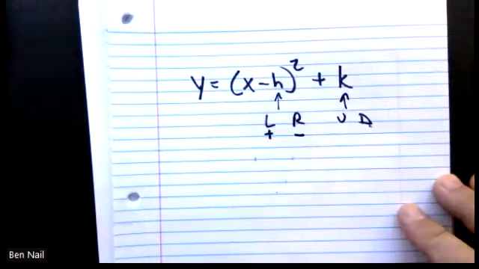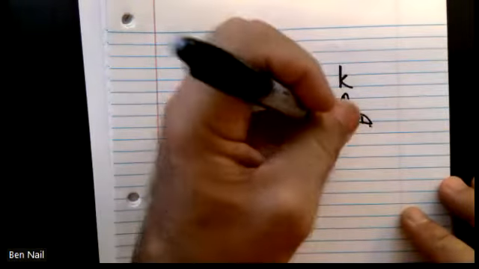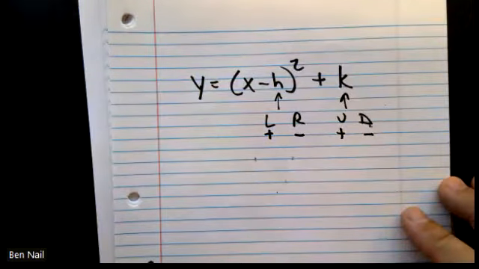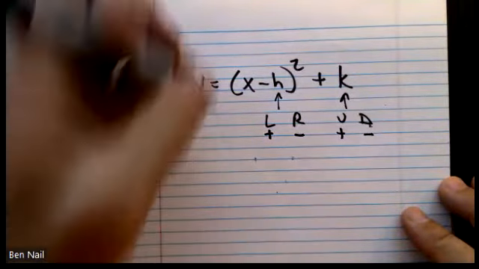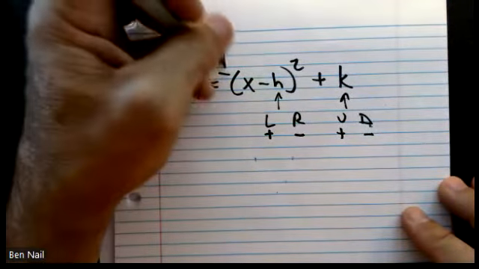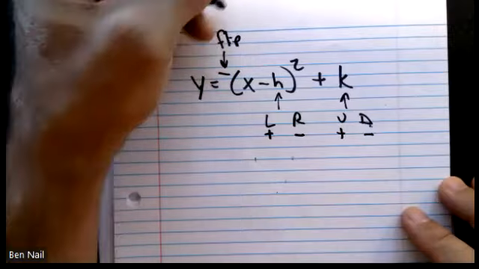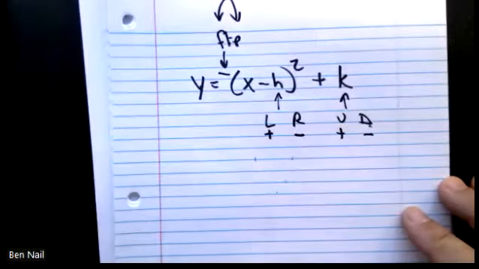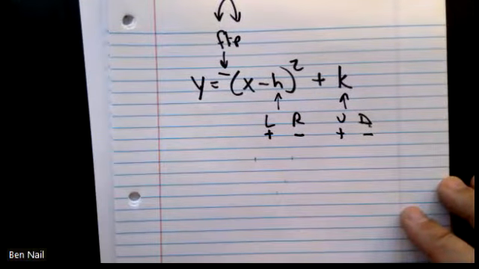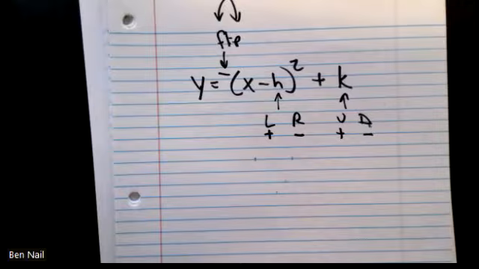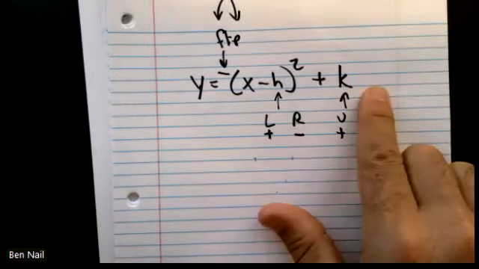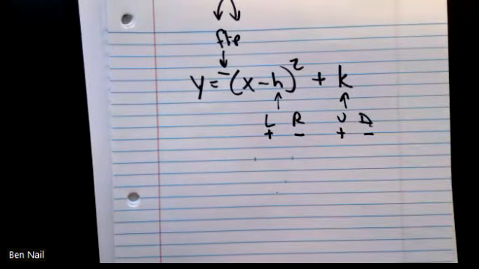Outside, that K is going to shift you up and down. Positives go up, negatives go down. And same thing, if they put a negative in front, that is going to flip your U upside down so that it opens downwards instead of upwards. So the shifts are exactly the same. The only difference is what that parent function or what the shape of the graph looks like.